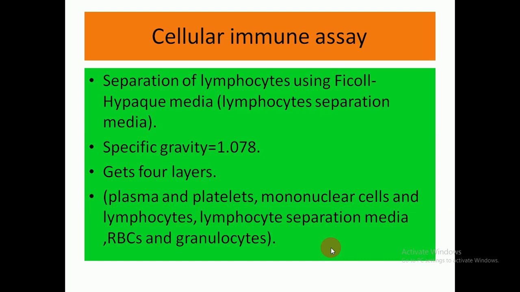Now we have the cellular immunoassay. We completed the humoral immunoassay. Here we have to separate the lymphocytes using Ficoll, a lymphocyte separation medium with a specific gravity of 1.078, and we get 4 layers: plasma and platelets, mononuclear cells and lymphocyte separation medium, RBCs and granulocytes.